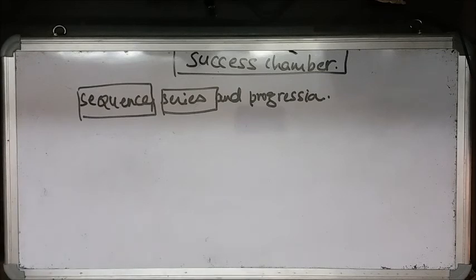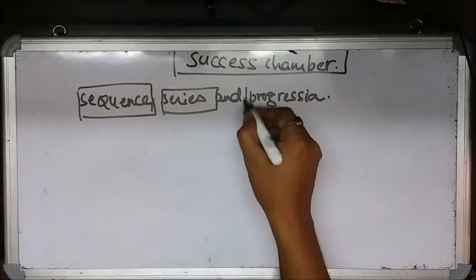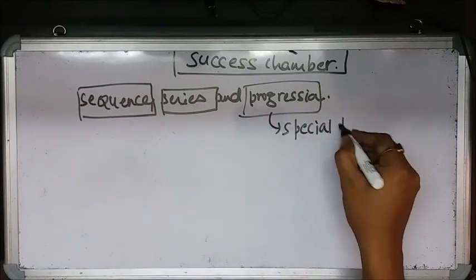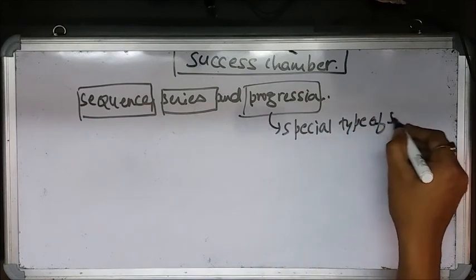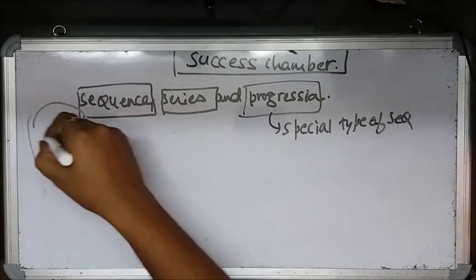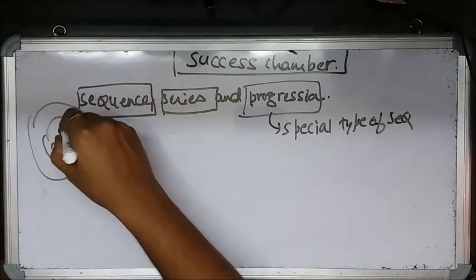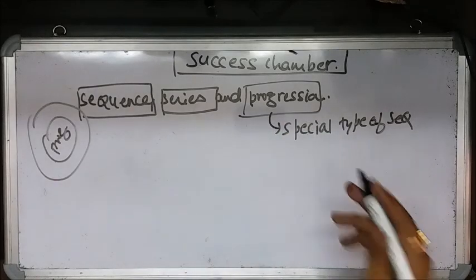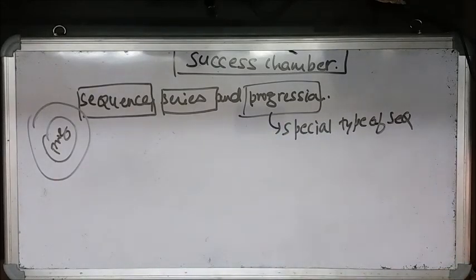These are special types of sequence. So progression is a special type of sequence. Sequence is a bigger set and progression is one part of it. So here we have to study three sorts of progression. You should keep in your mind that they are also sequences.